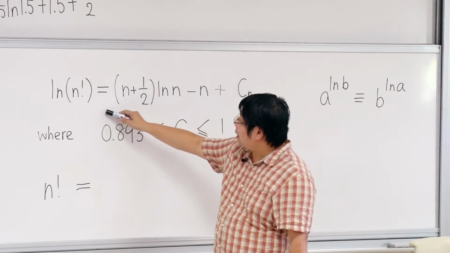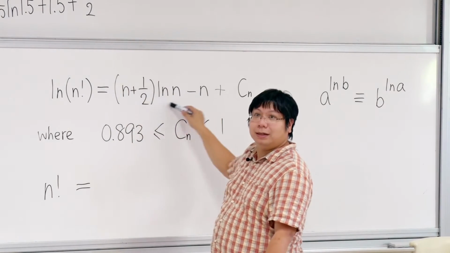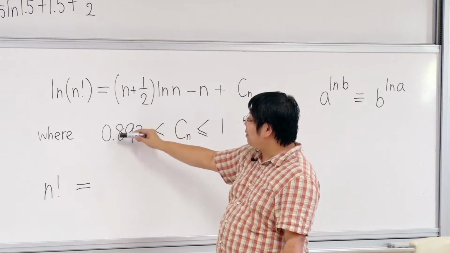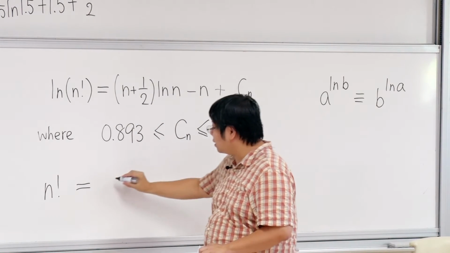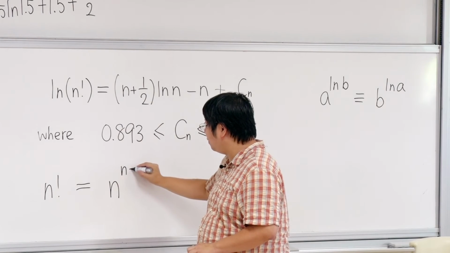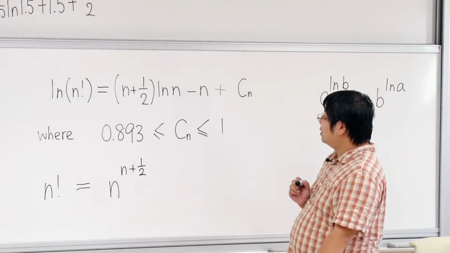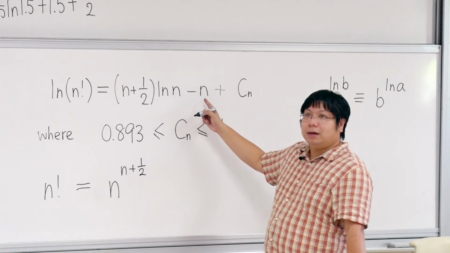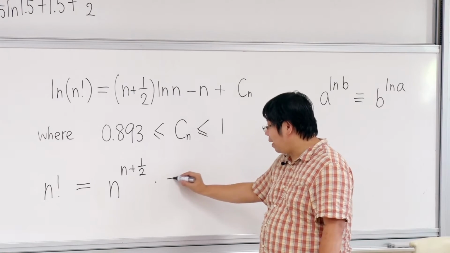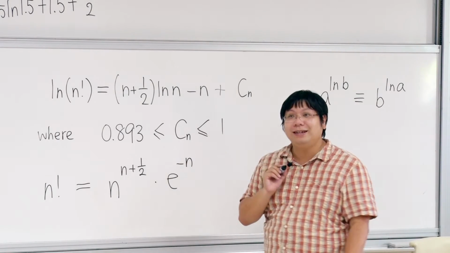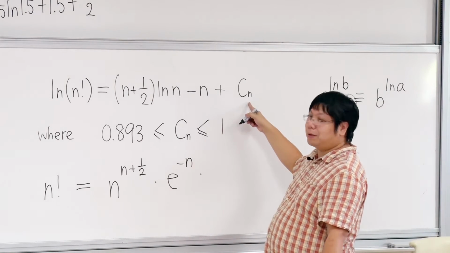So if I am taking e to the power of this whole thing, I switch the e and the n. I will get n to the power n plus 1 over 2. Is that okay? And then e to the power minus n stays as e to the power minus n. And then e to the power cn.